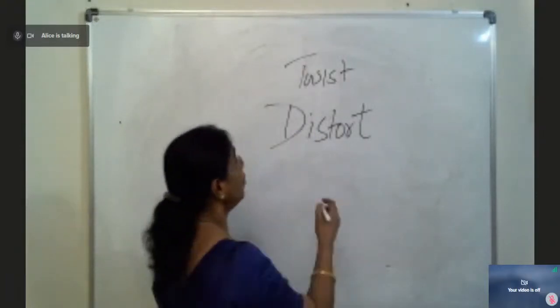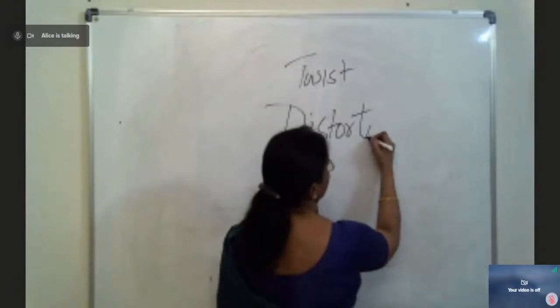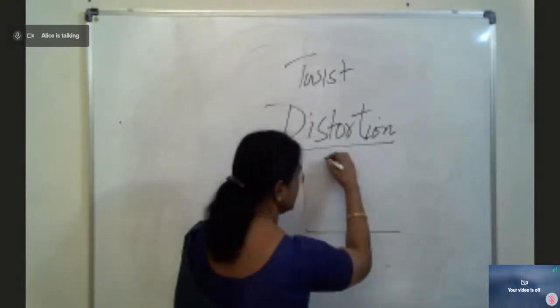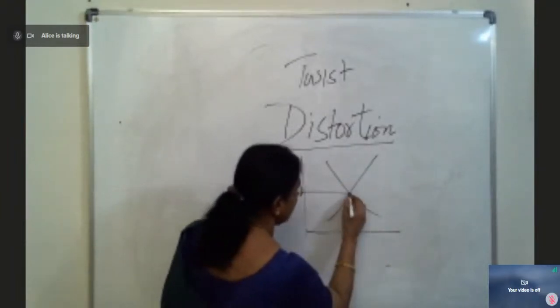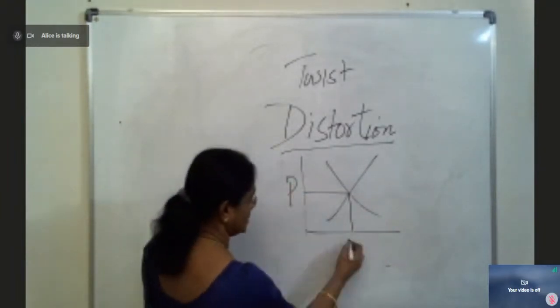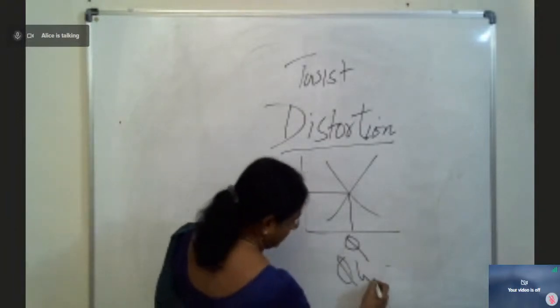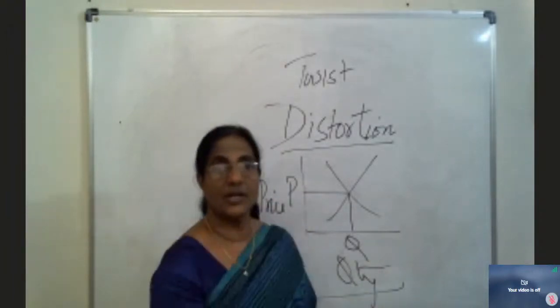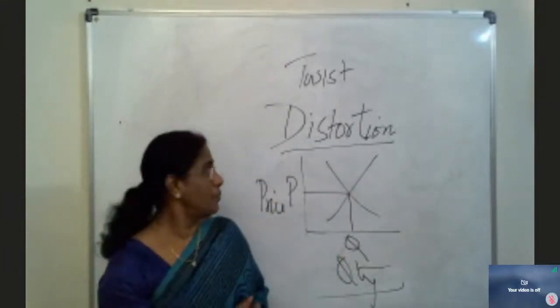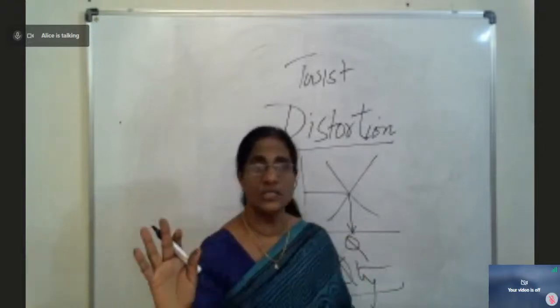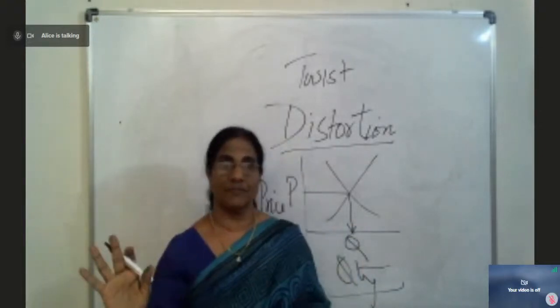And what will be distortion in trade? Normally markets should decide the price and quantity. Here it is price and here it is quantity. Clear? So price will decide production or exchange or whatever it is.